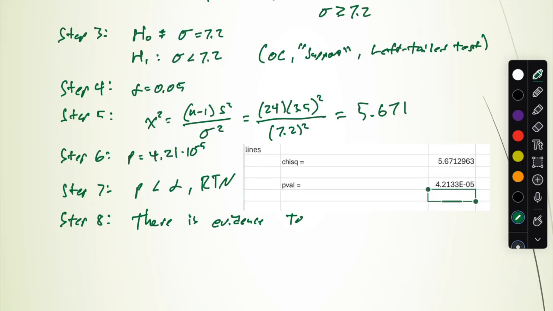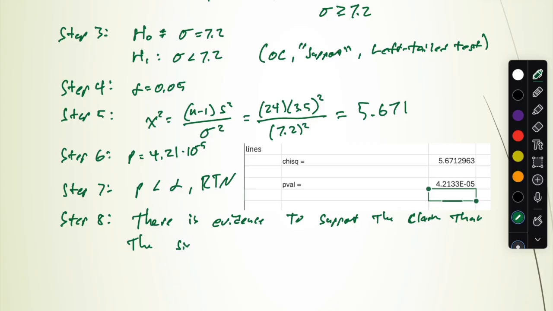There is evidence to support the claim that the single line decreases variation. It wasn't just a fluke, it was statistically significant because my data was super rare if I assumed that there was no difference.